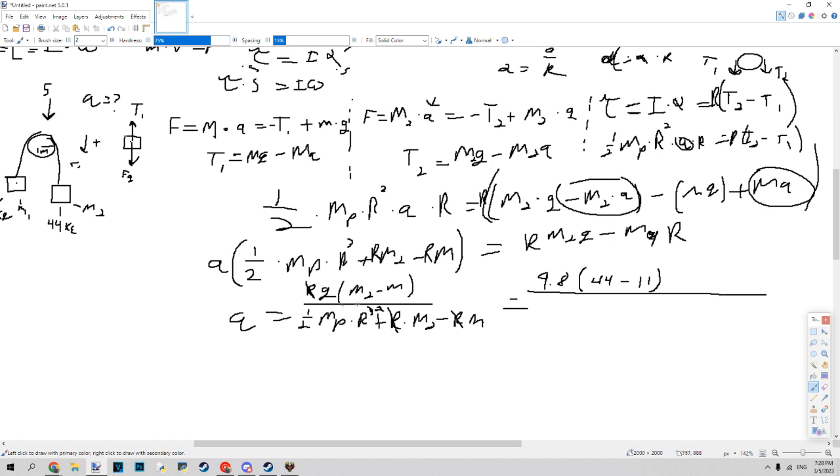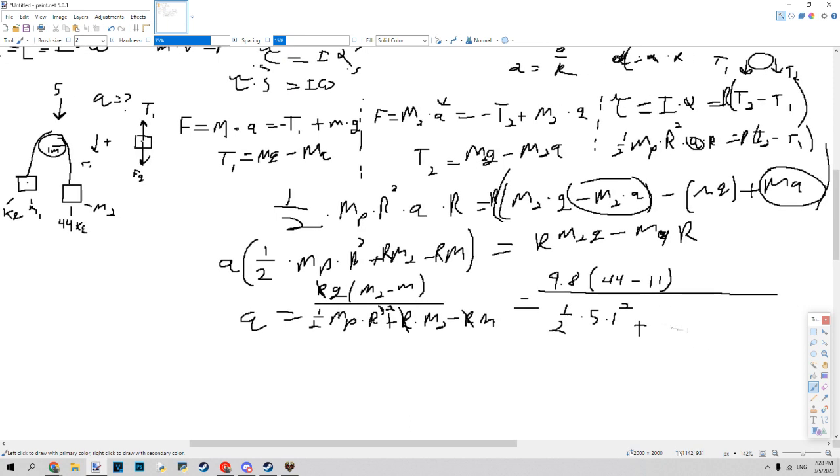All of this is over 1/2 by the mass of the pulley, which we said was 5 kilograms, by the radius of the pulley squared, which we said was 1 meter, so 1 squared, plus the second mass, so plus 44 minus the first mass, so minus 11.